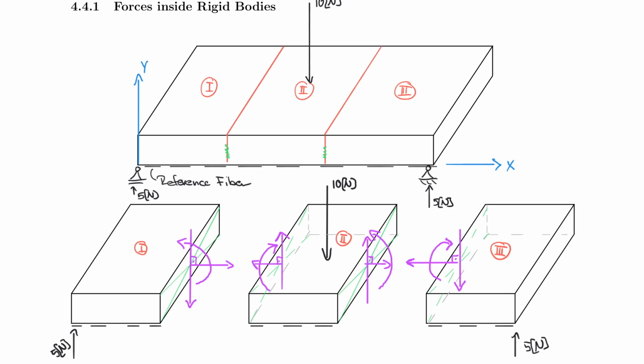Or another way to look at this, if I look at element 3, I can say that element 3 here is in balance now, just with the same values as element 1 plus 2 would be at this glue line here as well. So everything to the right is the same as everything together on the left. And that is an important concept to understand.